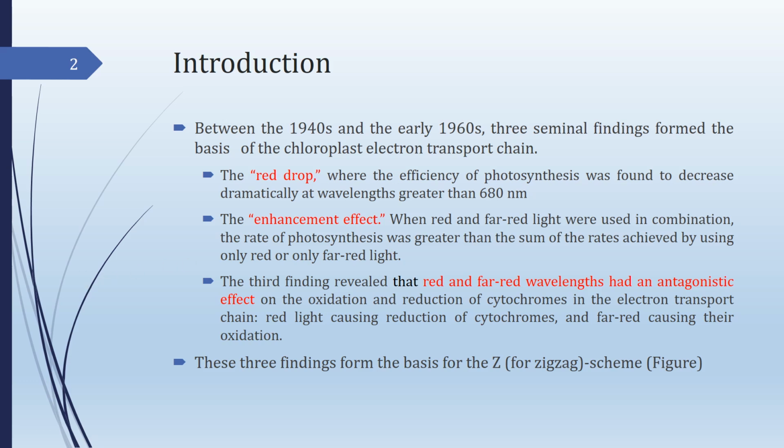Though there was still a substantial amount of light absorbed by chlorophyll, light of wavelengths longer than 680 nanometers appeared ineffective in photosynthesis, regardless of absorption by the photosynthetic pigment.